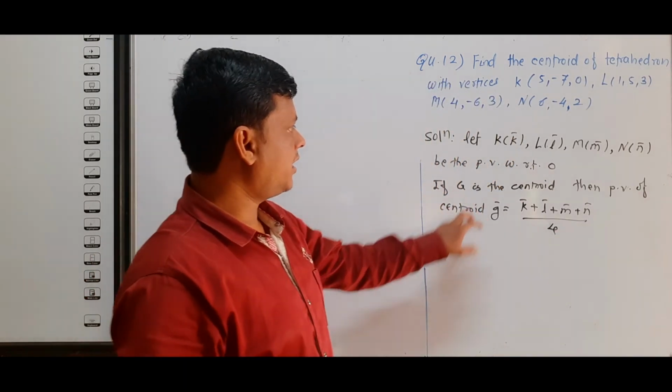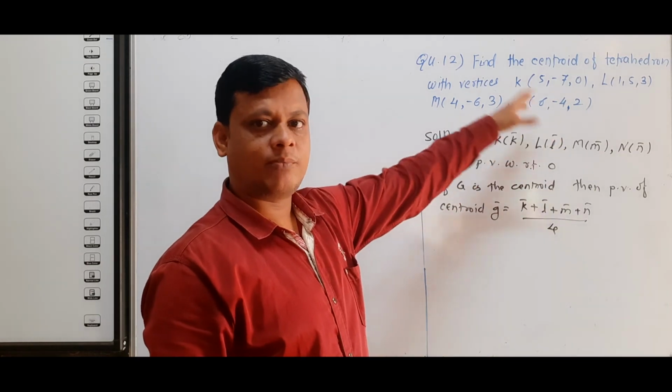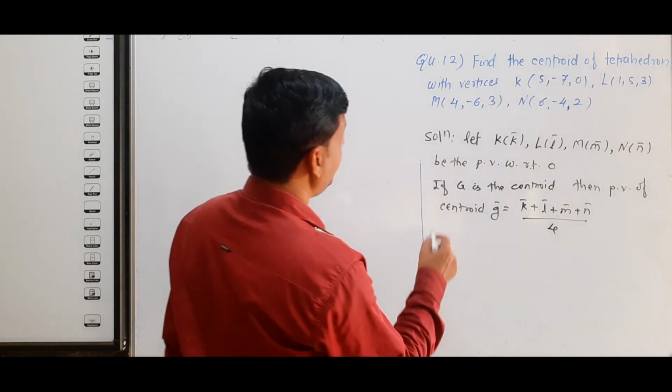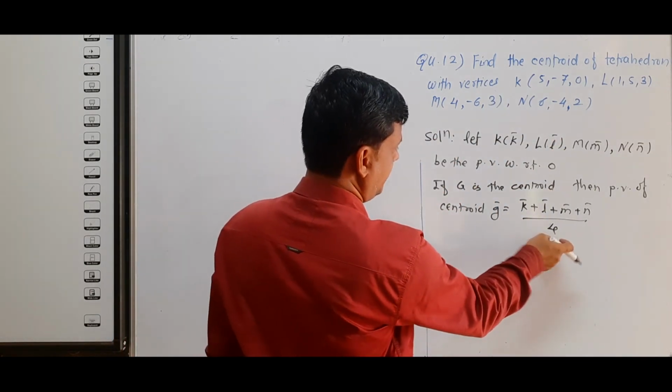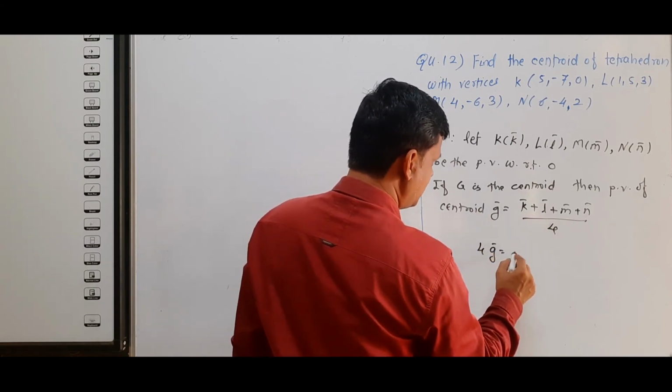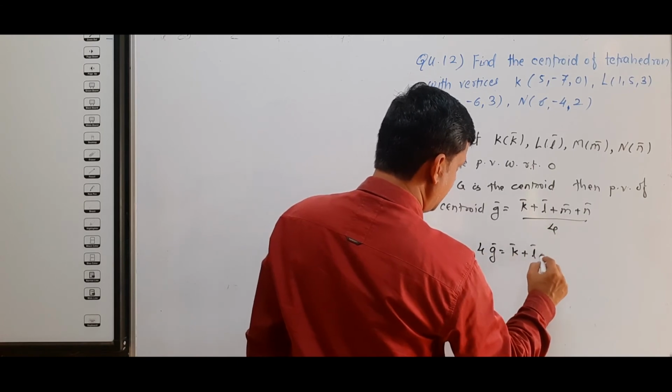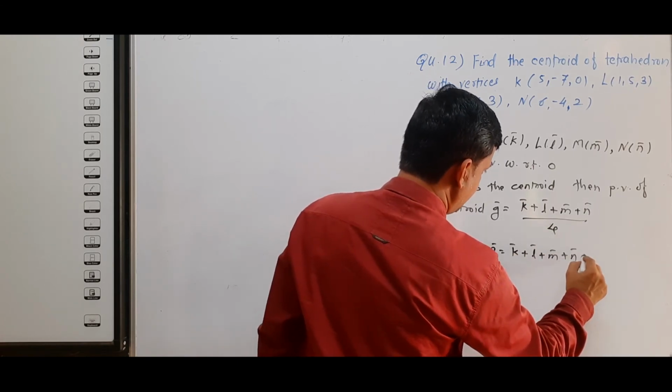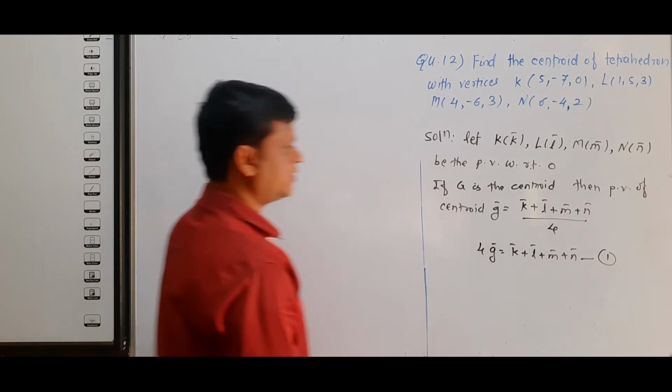So first we write the K bar, L bar, M bar, N bar from the given points. Before that we transfer this 4 to the left hand side. We get 4G bar equals K bar plus L bar plus M bar plus N bar. We denote this as equation number 1.